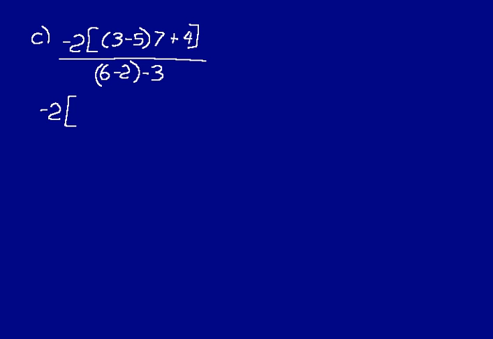We can just do that multiplication in our head. Negative 2 times 7 is a negative 14 plus 4. And then we can simplify this. Negative 2 times 10, or negative 10, because we have negative 14 plus 4. Then do that multiplication. That would be a positive 20.